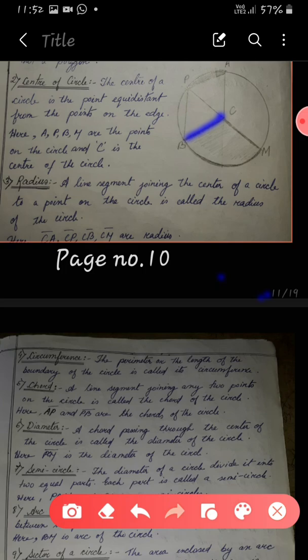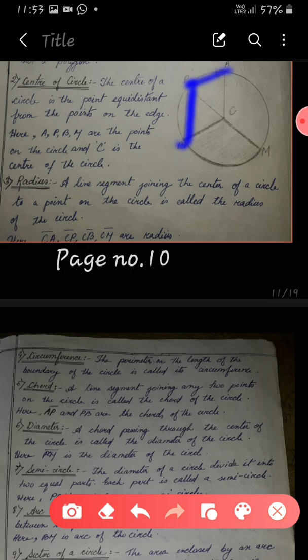You can see this P and B. B is a point on the circle and P is also a point on the circle. These two are joined, then it forms a chord. And this AP, from A to P, when we draw a line, it also forms a chord.